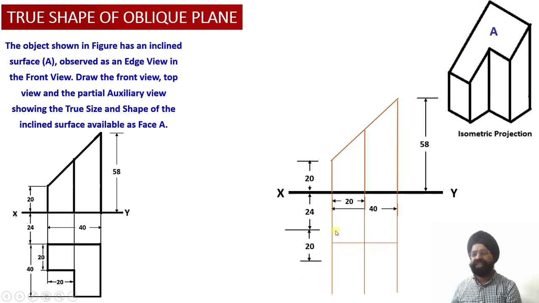So now this edge length we have drawn equal to 40 millimeter, right? So once we draw this edge length over here, this is the starting point of this particular top view projection in the top view.